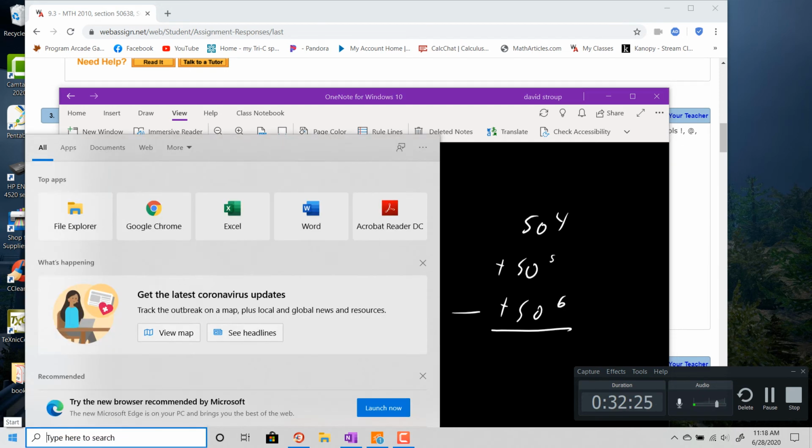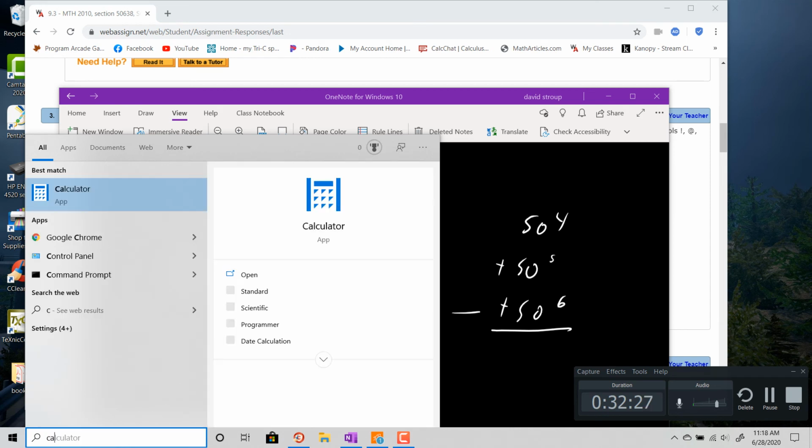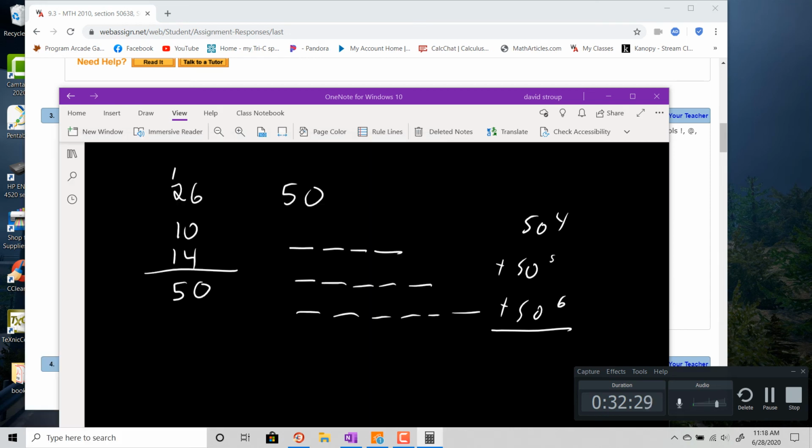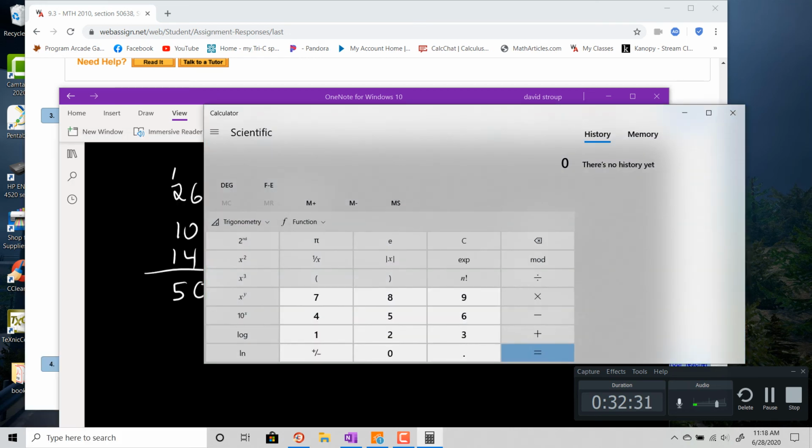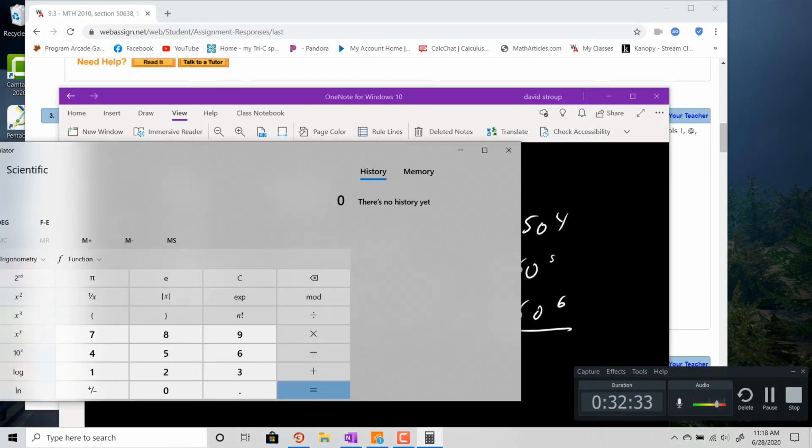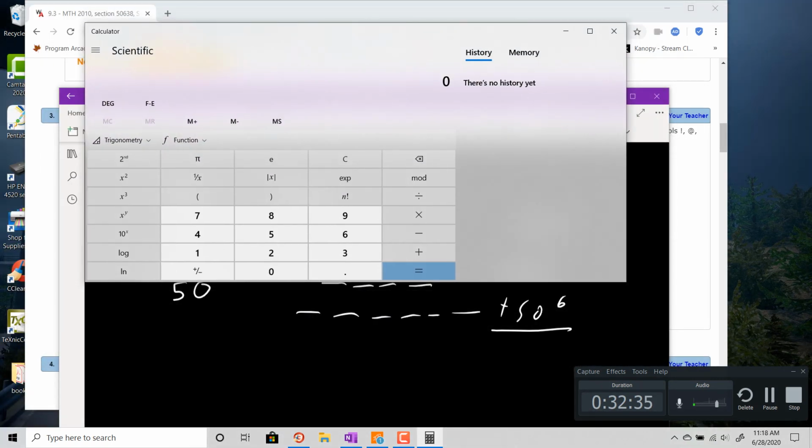Usually I just go to my calculator and hope it can figure it out without having to go to scientific notation.